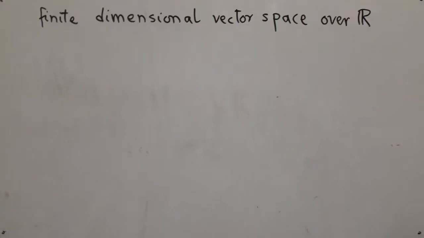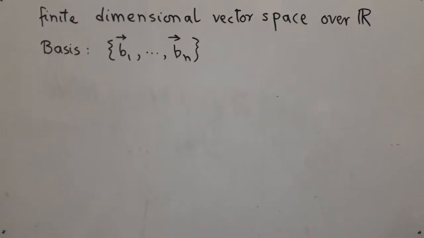The simplest way to define an inner product of two vectors from a finite dimensional vector space over R is this. First, you take a basis, b1 to bn, just any arbitrary basis would do, and keep it fixed. Now take the two vectors u and v, of which you want to take the inner product.